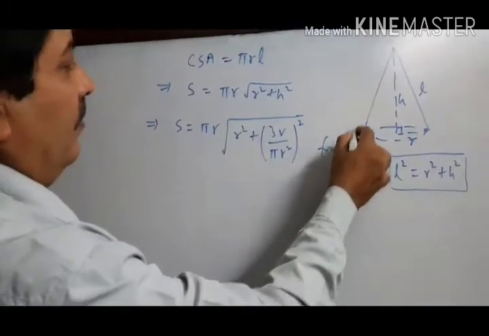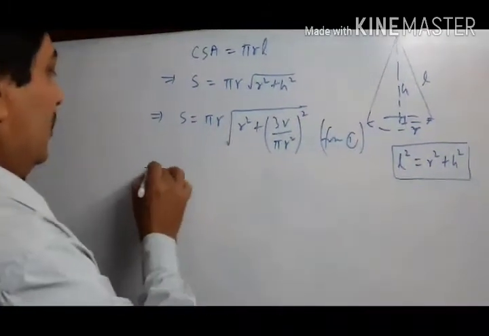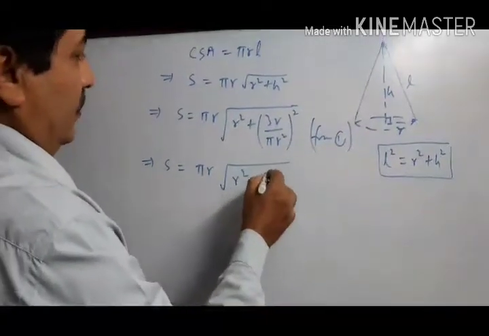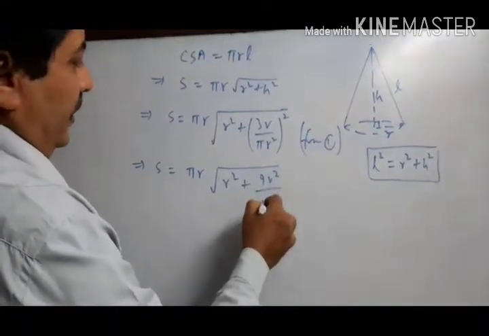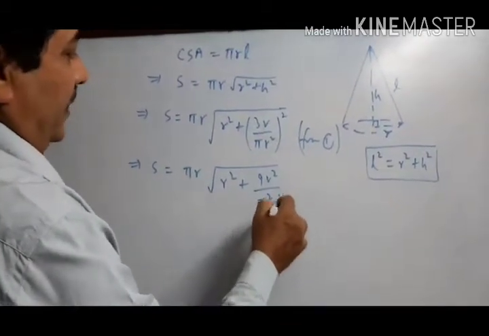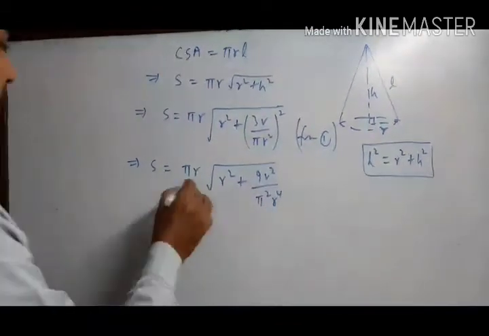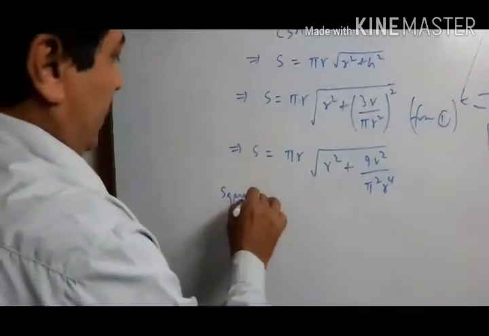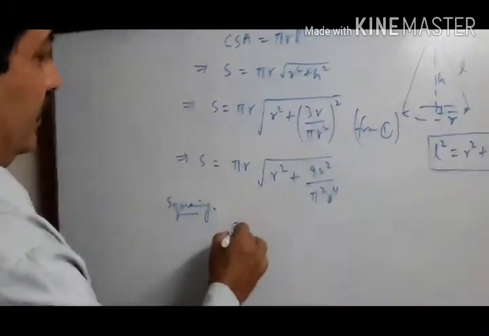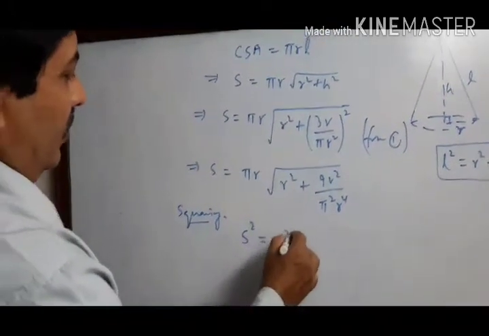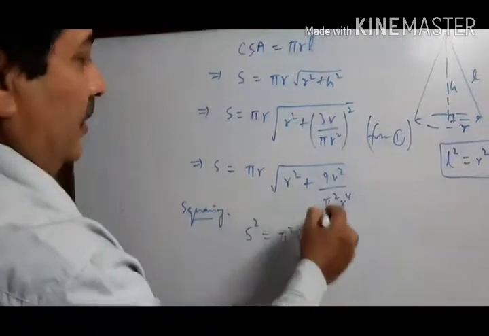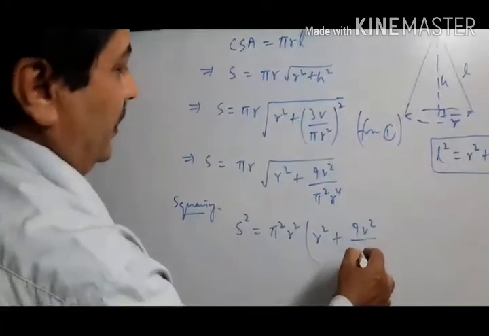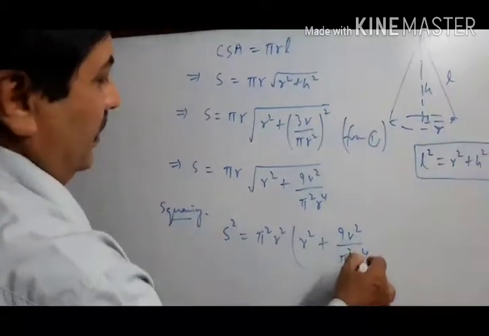And now S equals pi r root r square plus 9V square by pi square r4. After that, remove the root. For doing that, apply squares on both sides. S square is equal to pi square r square into the root over r square plus 9V square by pi square r4.